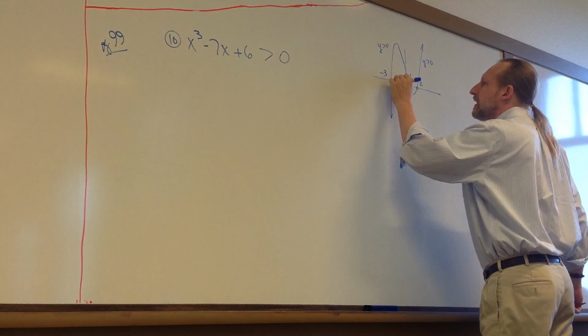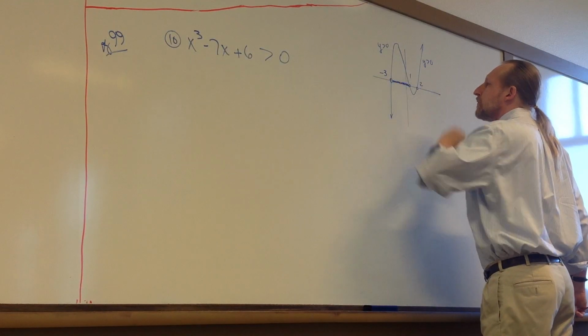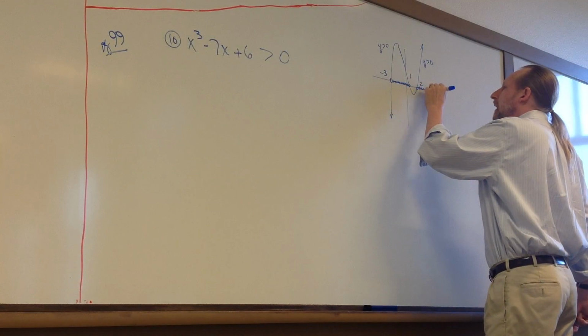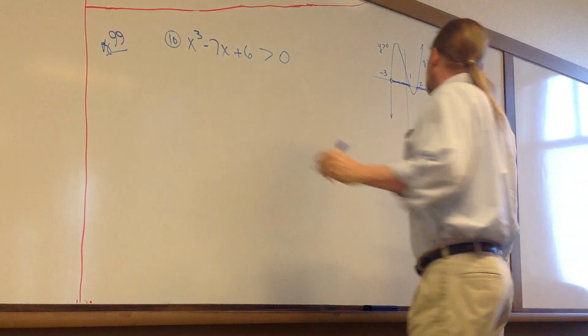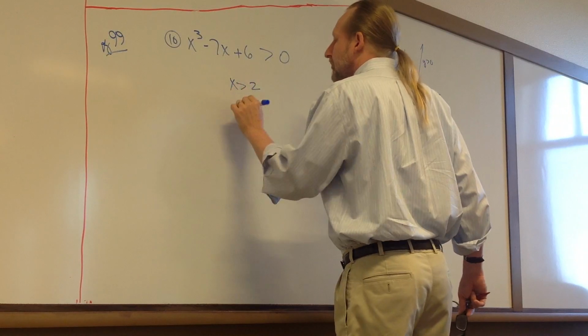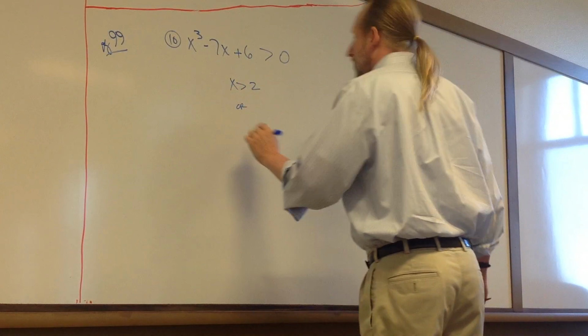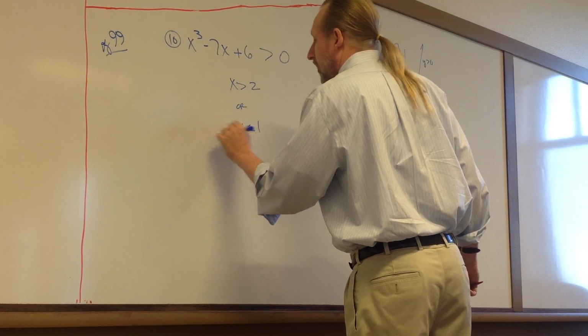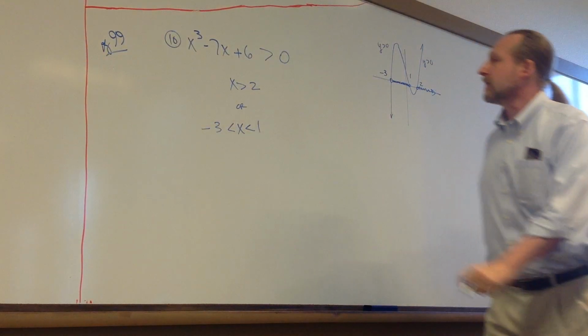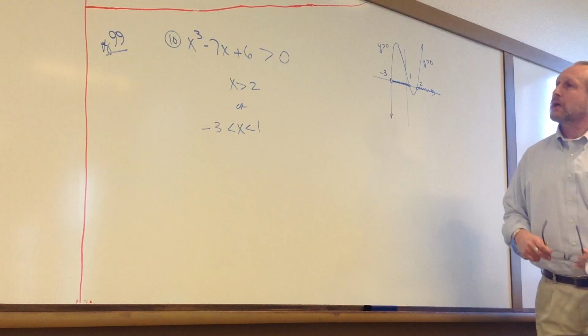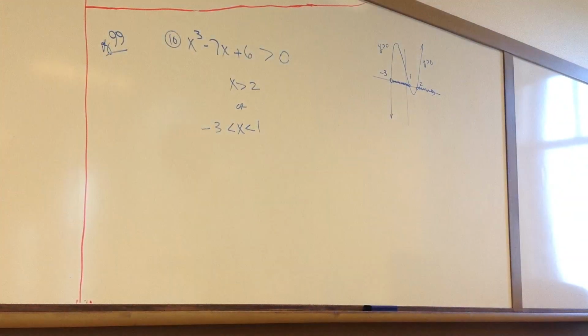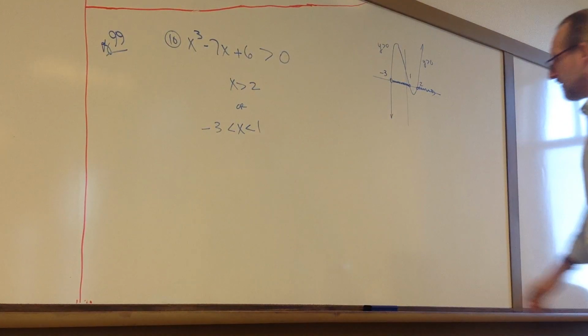And so the intervals that correspond to that would be there and also over here. So our answer would be x greater than 2 or x less than 1 but greater than negative 3. Okay. So, that is a pretty straightforward problem there, number 10.